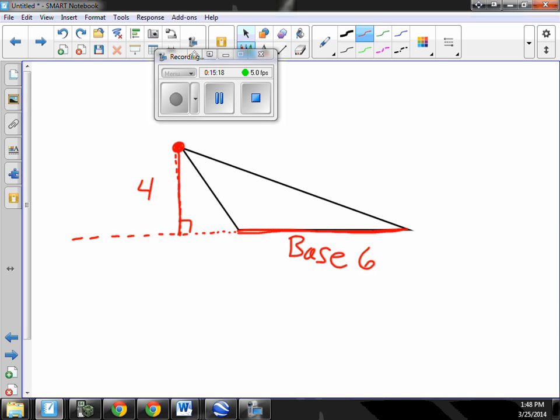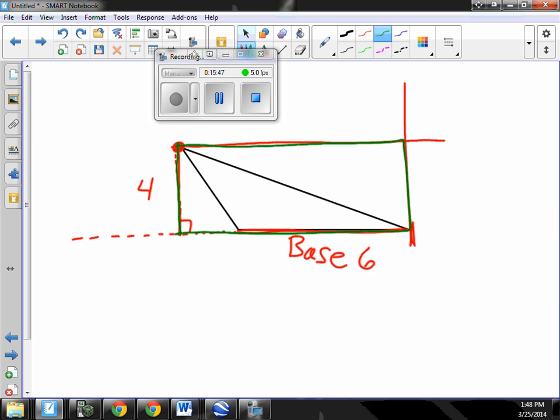The end of what? So from the end of the base on the right side, going up, okay, and draw this parallel to the base. Where's the rest of it? So on the altitude. So here.